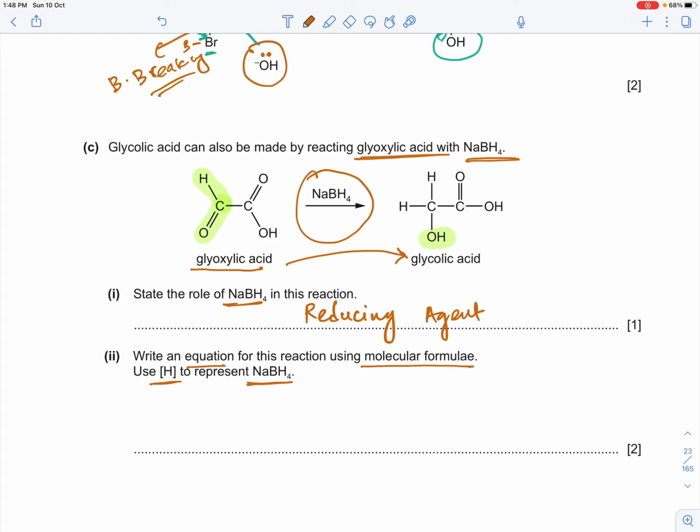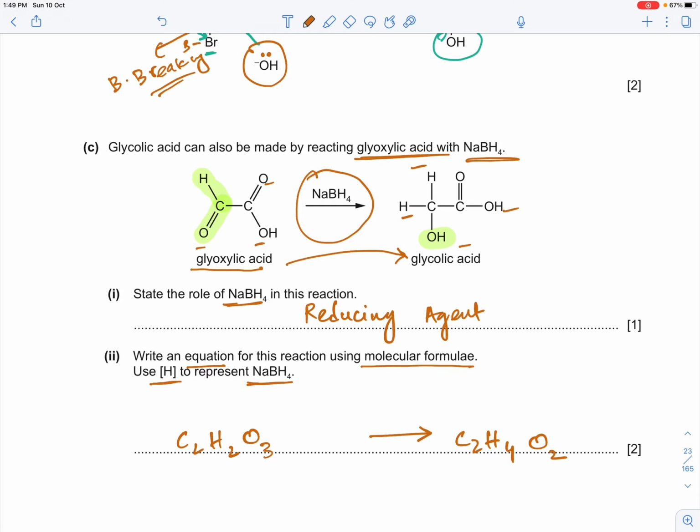We have 2 carbon, C2, 2 hydrogen, H2, and 3 oxygen, O3. In glycolic acid we have C2, 4 hydrogen, H4, and oxygens are still 3. So that means 2 hydrogens are being added, and this is what reduction is, gain of hydrogen.